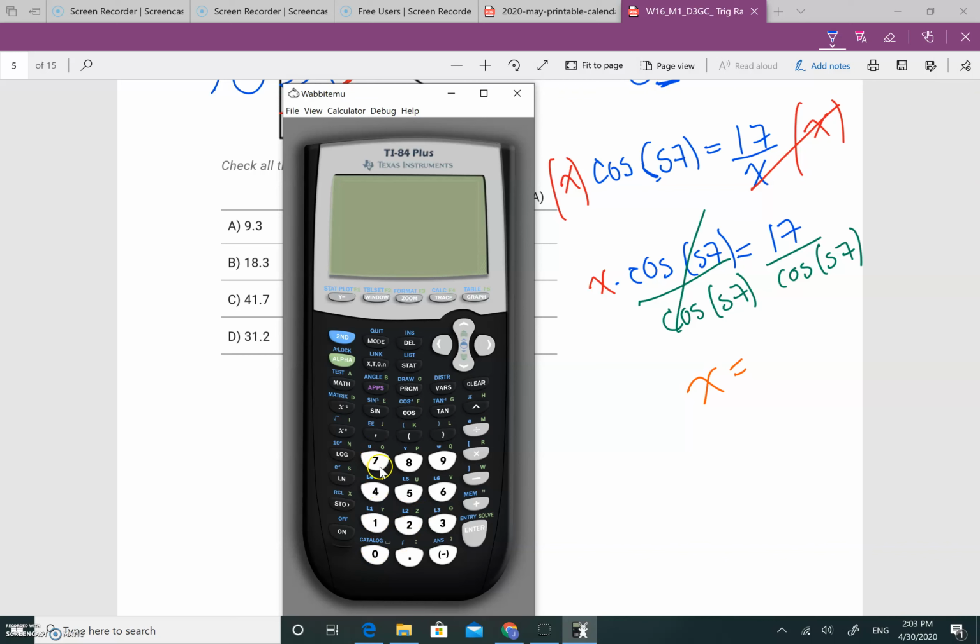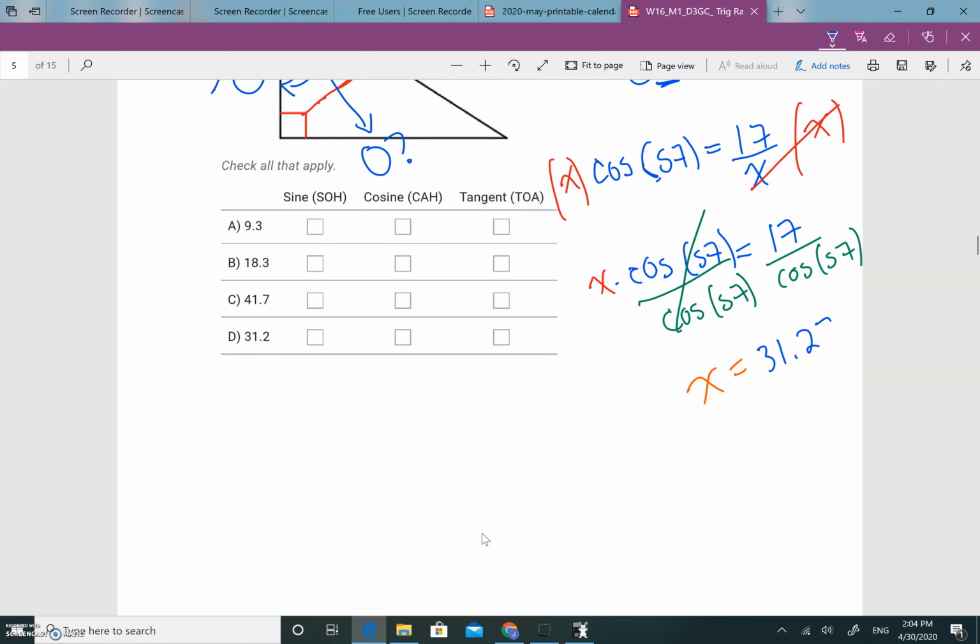Okay, 17 divided by cosine 57. So X is equal to 31.27.